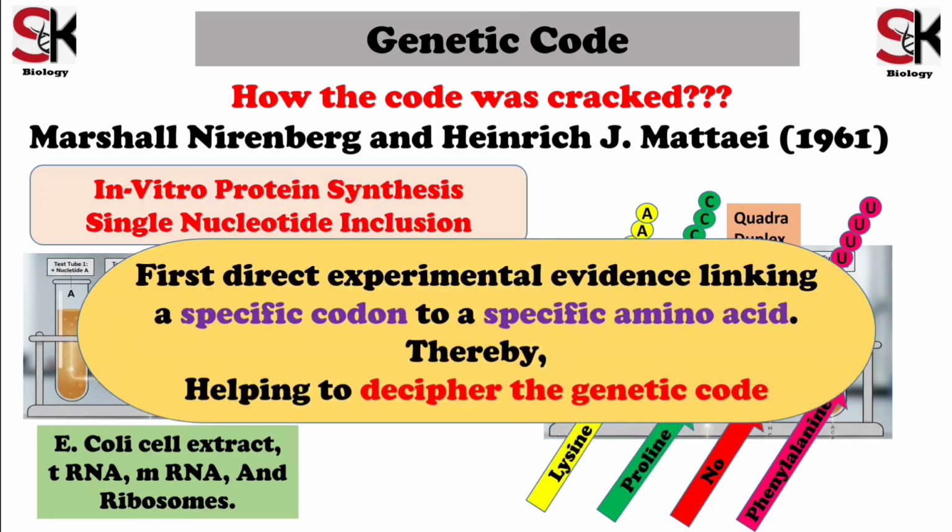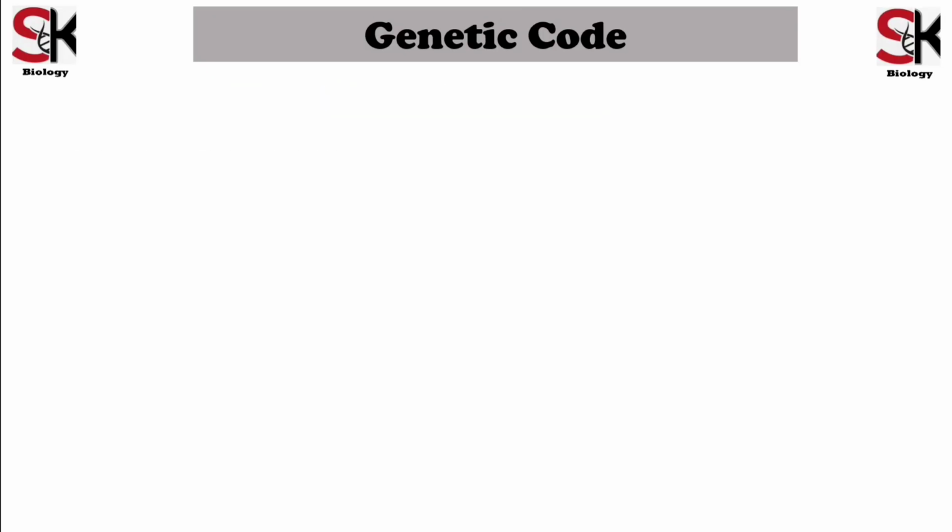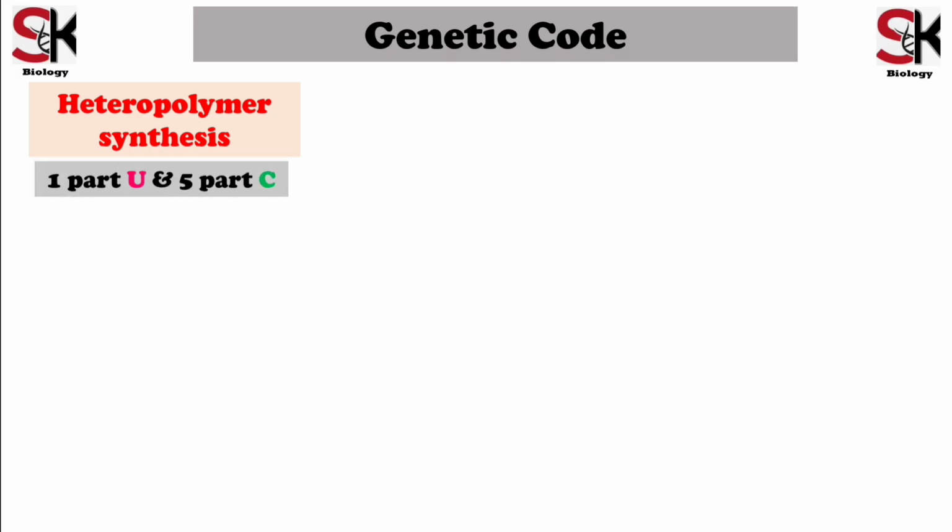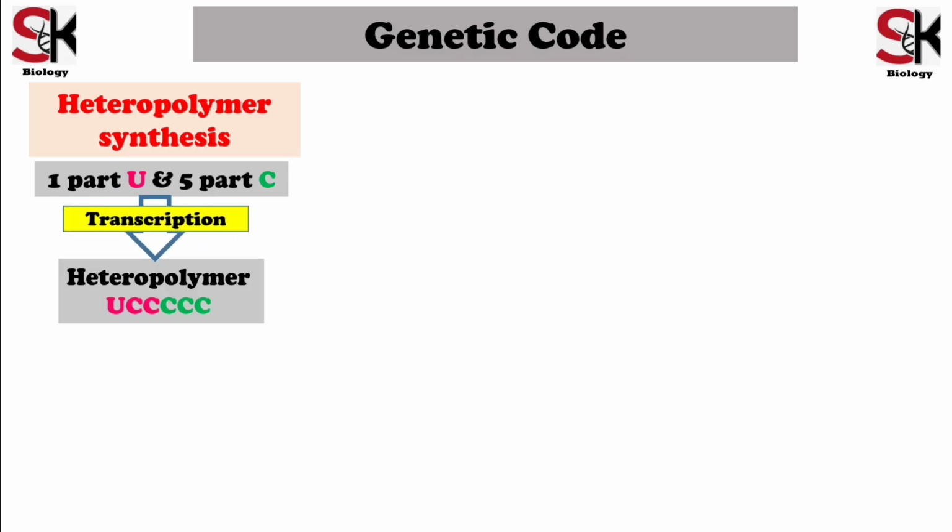in deciphering the genetic code. The next experiment was done by scientists with heteropolymers, in which they took a fixed proportion of nucleotides to synthesize a heteropolymer. As in this example, 1 part of uracil and 5 parts of cytosine will result in synthesis of U once and C 5 times after transcription.